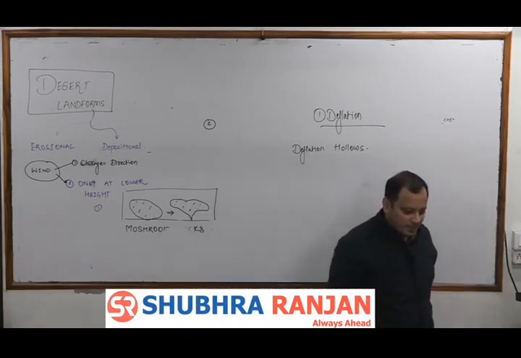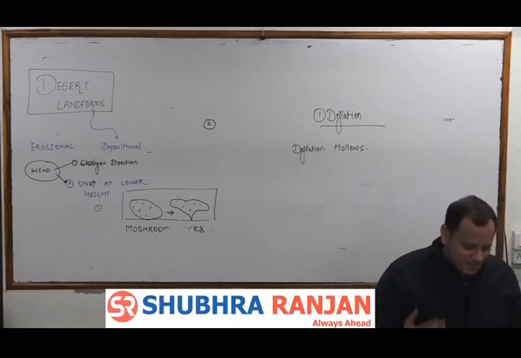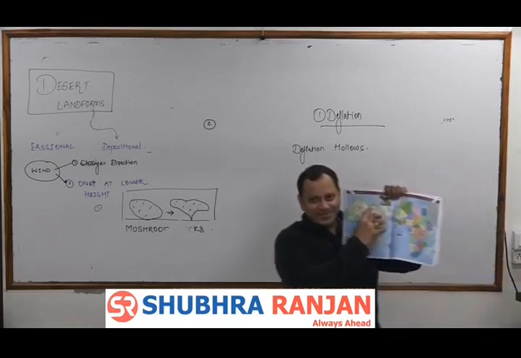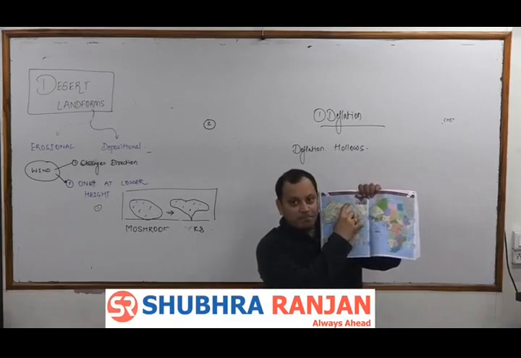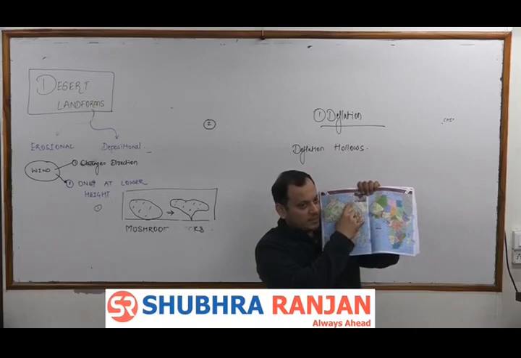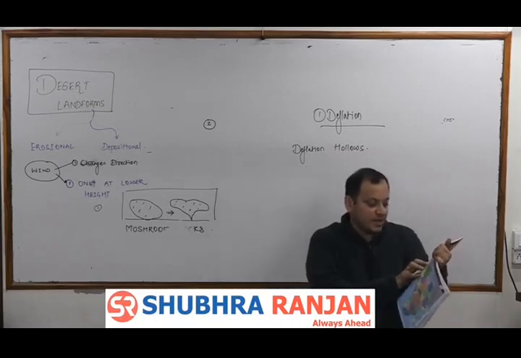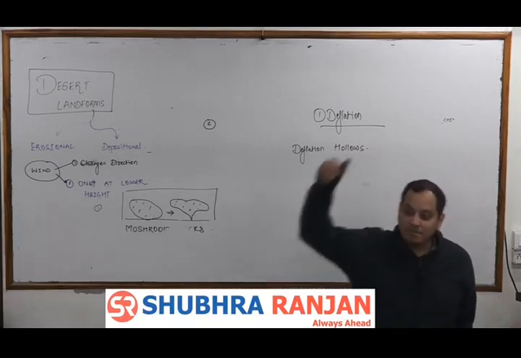Where is Egypt? Near the Suez Canal, near the Red Sea. And you will find the deepest deflation hollow, properly given in the atlas: the Qattara Depression, 133 meters below the ground.